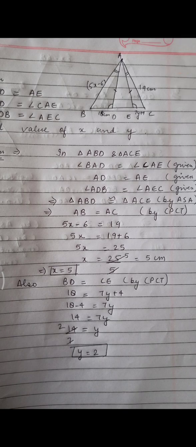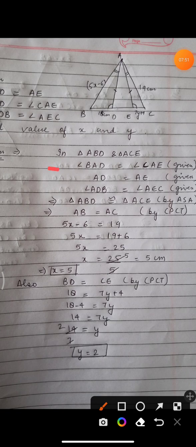First, angle BAD is equal to angle CAE, it was given. Whenever you start doing a question, always look at the things that are given and try to solve the question from them first. After that, you look at whether any angle is vertically opposite or alternate. So first you have to focus on the given portion.